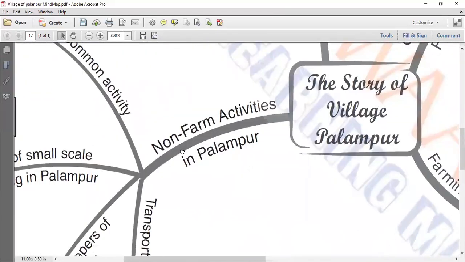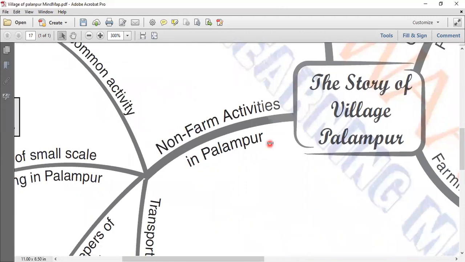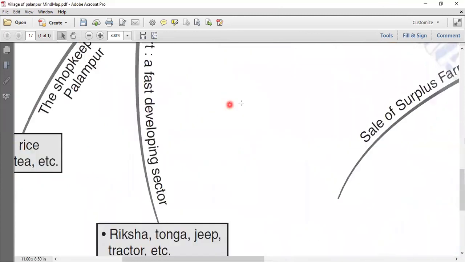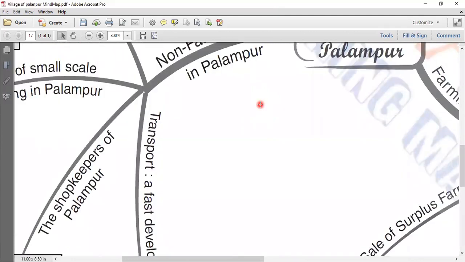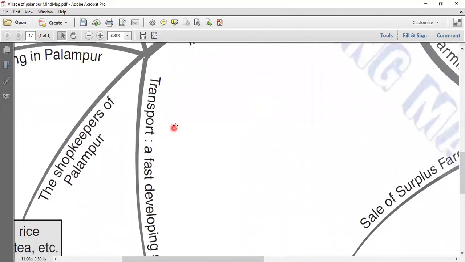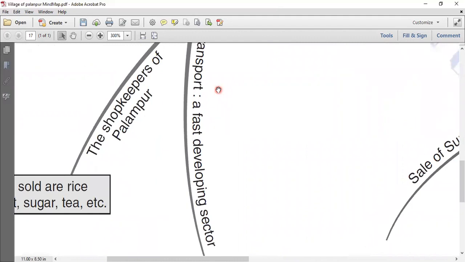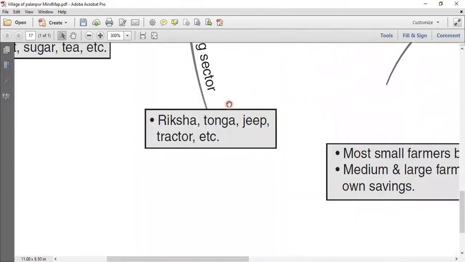Next, we spoke about the non-farm activities in Palampur. So besides farming, there are some non-farm activities. Example, there is transport, which is a fast developing sector.